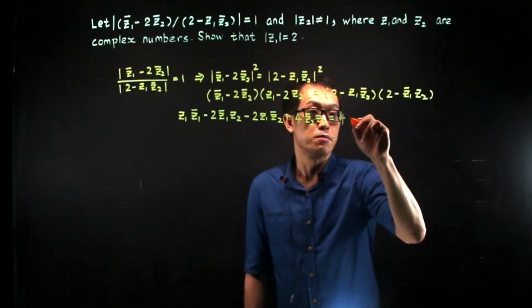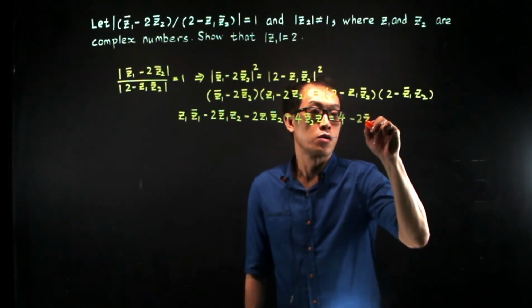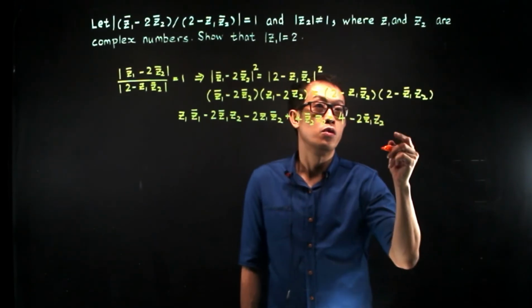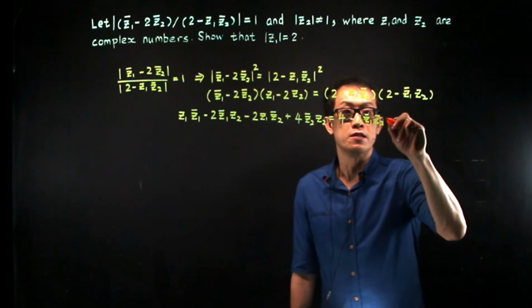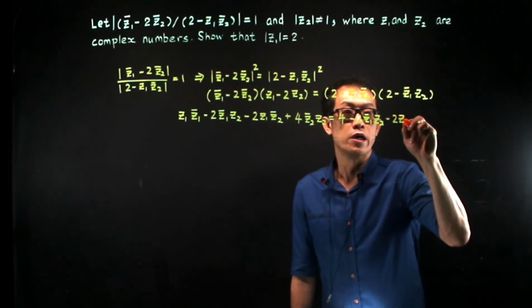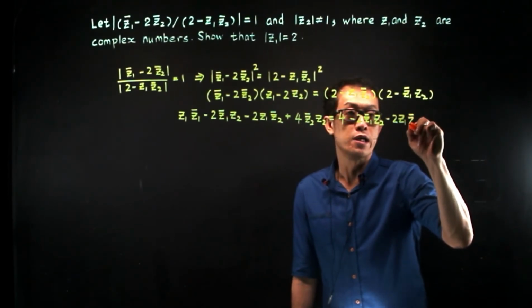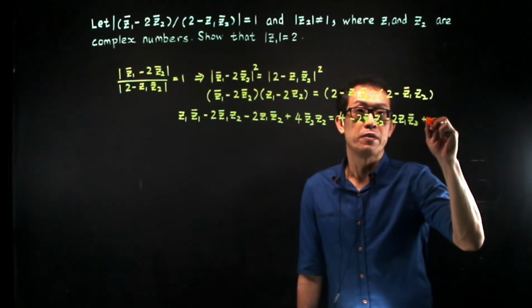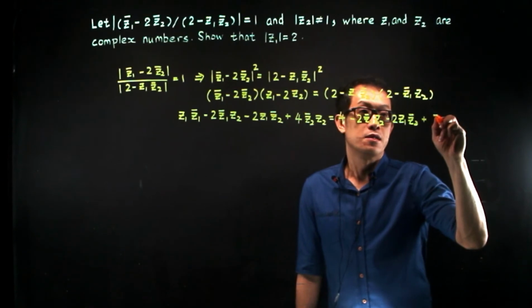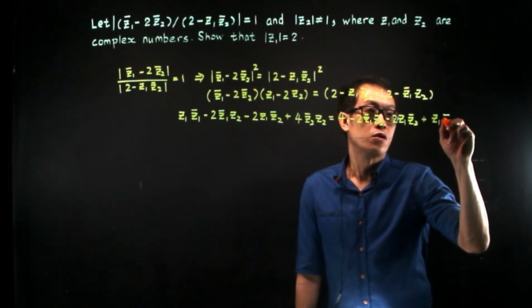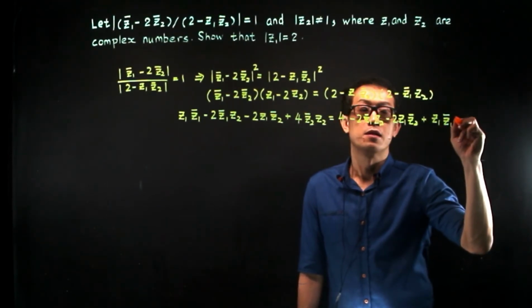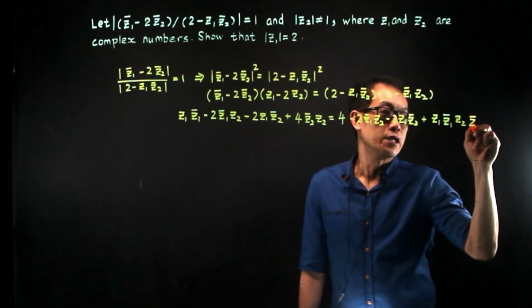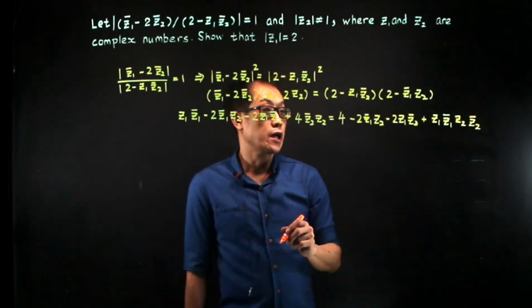This times this is minus 2 conjugate z1 into z2. Then this times this is 2 z1 conjugate z2. This multiplied by this, I have plus z1 conjugate z1, z2 and conjugate z2. Okay?